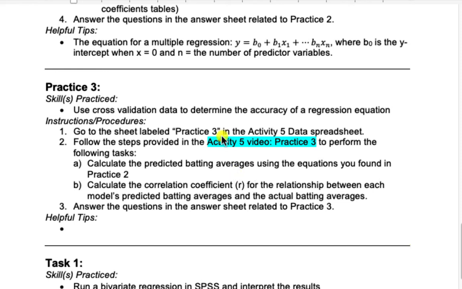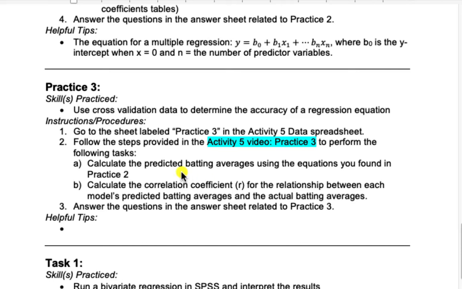Alright, for practice 3, we are going to use a cross-validation data set to determine the accuracy of the regression equations that we found in practice 2. So you will recall that we did an enter method, a forward method, and a backward method. And now we're going to use the equations on our cross-validation set.